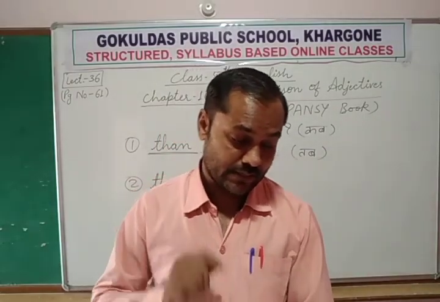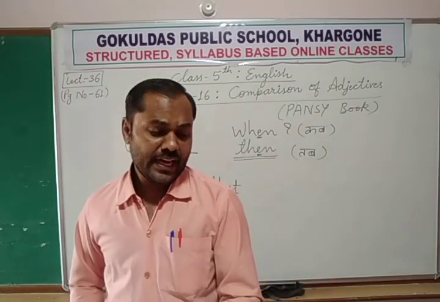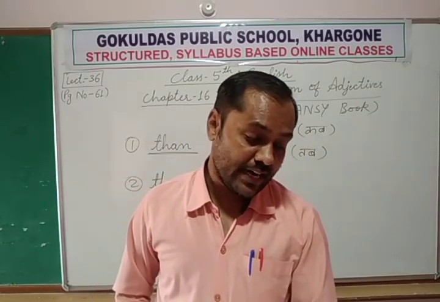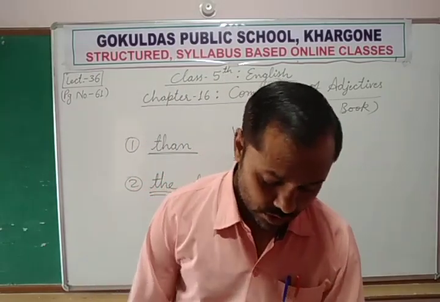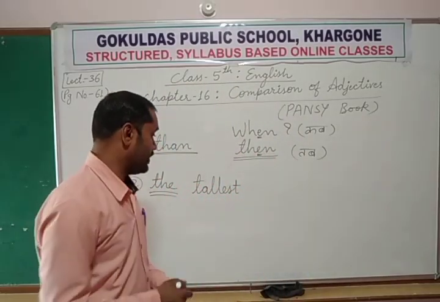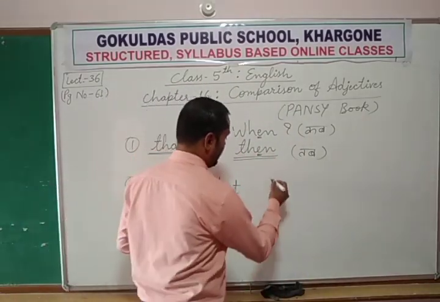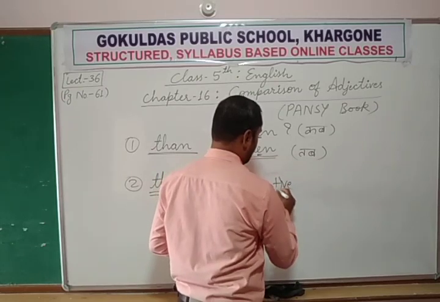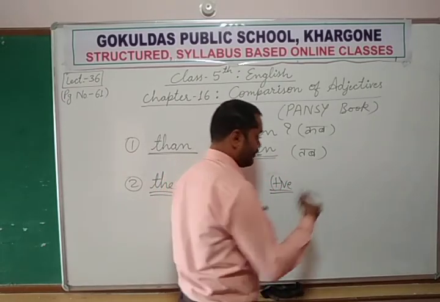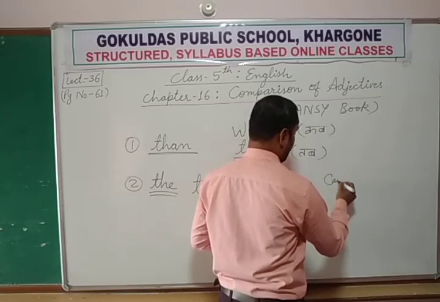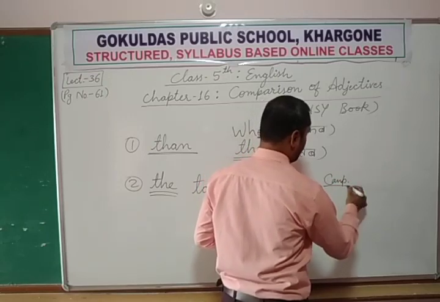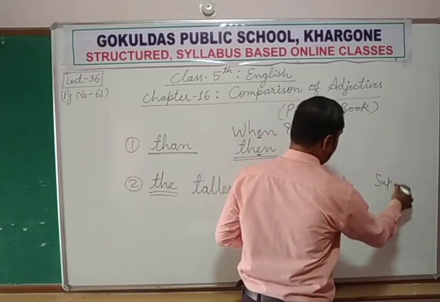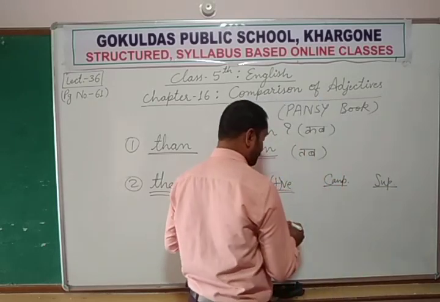Just like the first is by adding er and est. This is the most common thing which we learn in this chapter. In the positive degree we need not add anything, but in the comparative degree and superlative degree we do.